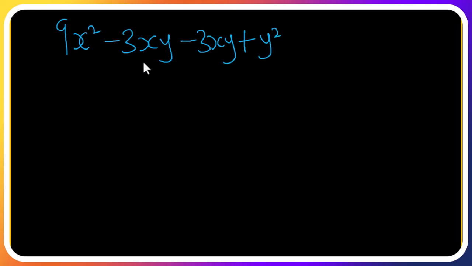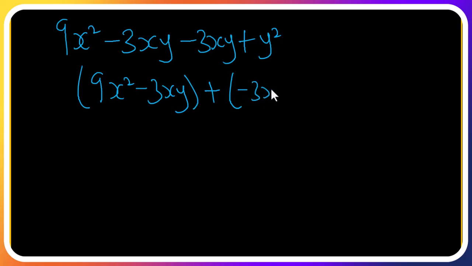So 9x squared minus 3xy minus 3xy plus y squared. So we move on to finding the factors by grouping them into separate brackets: 9x squared minus 3xy, plus minus 3xy plus y squared.